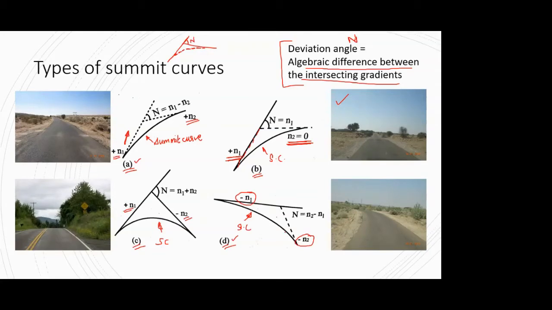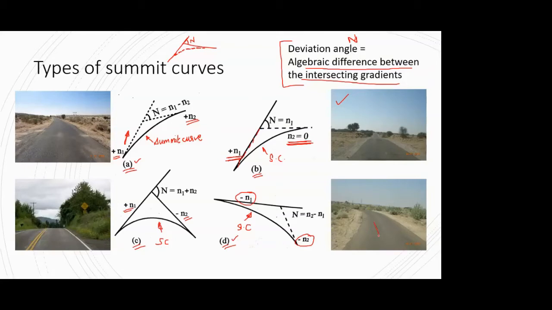On the right side, now it's a figure which is showing this kind of curve. If you expand or enlarge this figure, then you might get a feel of it, but mostly you will get the feel of all these curves once you go on site. When you travel, if you come across these kinds of gradient variations, you can come to know which type of summit curve you are encountering.